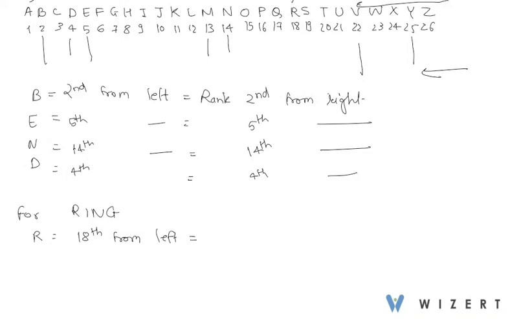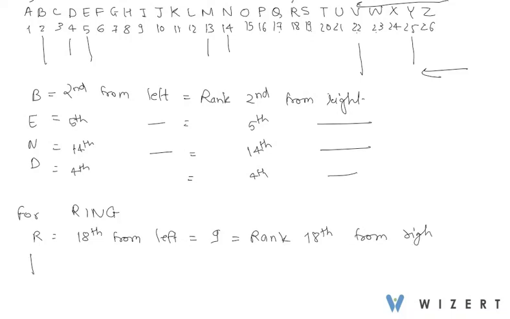That is, counting 1, 2, 3, 4, 5, 6, 7, 8, 9, 10, 11, 12, 13, 14, 15, 16, 17, 18th. That is 9, which is the rank 18th from right.